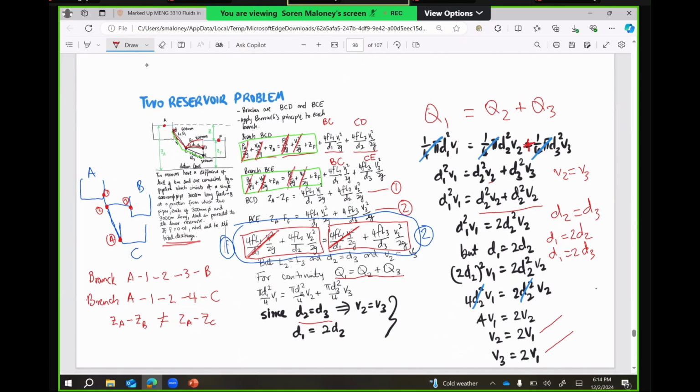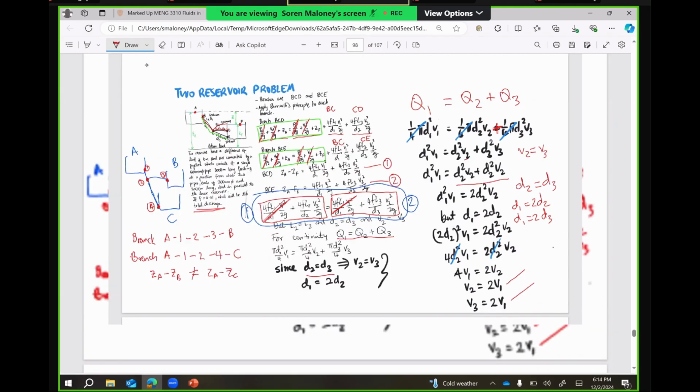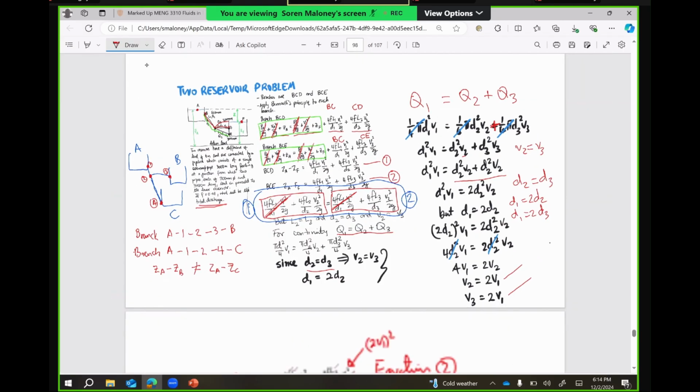How you apply Bernoulli's principle to set up your equations in the beginning is the critical part of solving these problems, right? So as I said before, you will see a 2 reservoir problem on your exam.